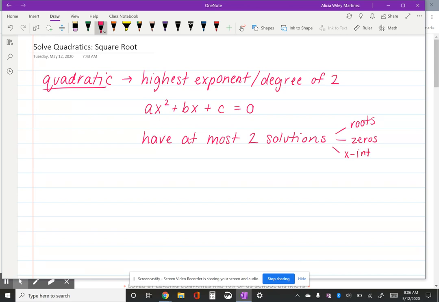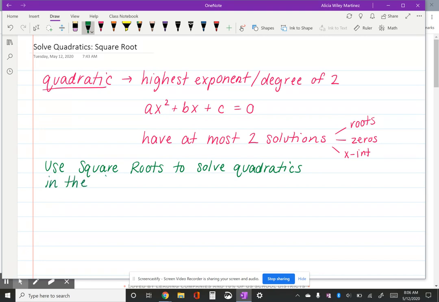Okay, so today we're going to talk about using square roots. So we're going to use square roots to solve quadratics in the form ax squared plus c equals 0.